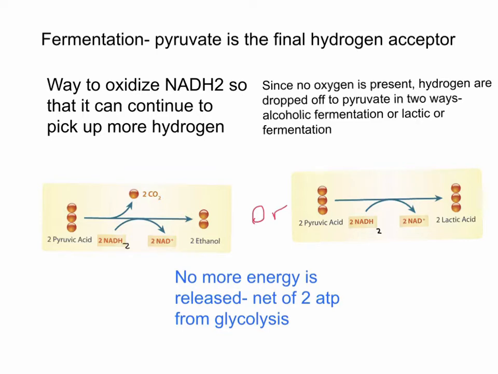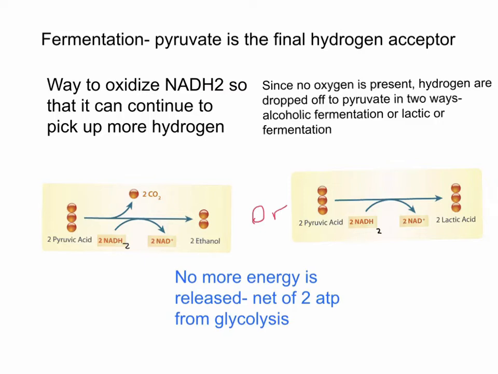During glycolysis, we produced these NADH2s. If oxygen is present, eventually the NAD can drop off the hydrogens to the oxygen. But if it's not present, these NADH2s have to be oxidized and get rid of these hydrogens so that they can go back and pick up more to continue with glycolysis.